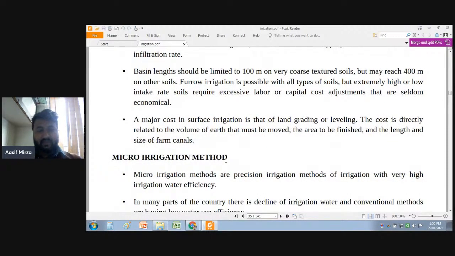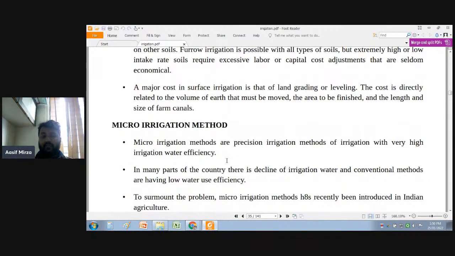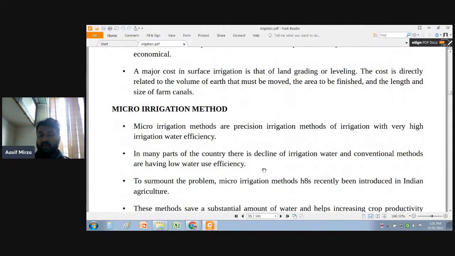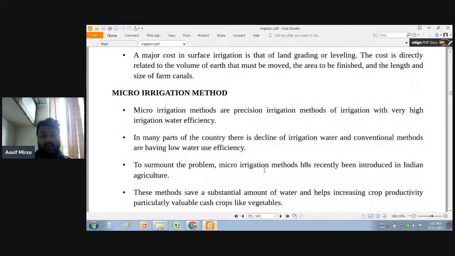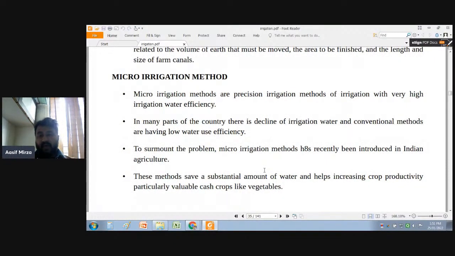Now, moving toward the next method, that is the micro irrigation method. Micro irrigation methods are precision methods of irrigation with very high irrigation water efficiency. In many parts of the country, there is a decline of irrigation water, and conventional methods have low water use efficiency. To surmount the problem, the micro irrigation method has recently been introduced in Indian agriculture.